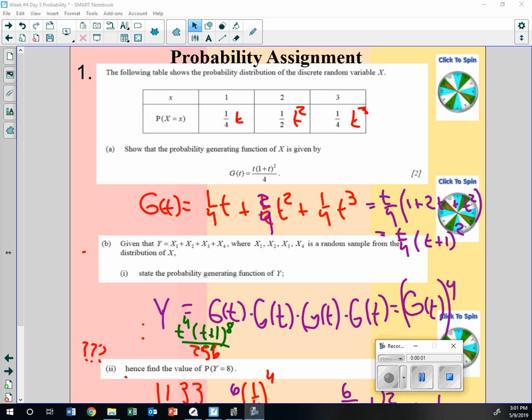Here's an interesting problem. We have a discrete random variable table which lists if you were to seek x equal to 1, you would have a 1/4 chance.